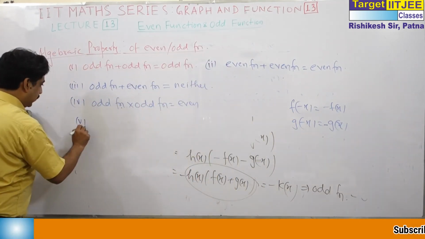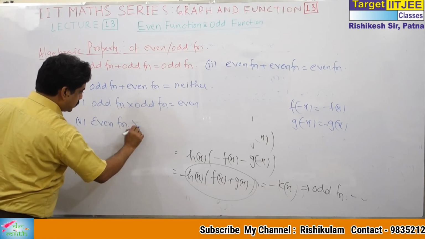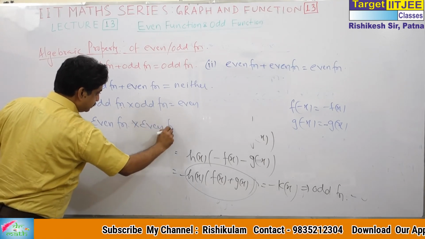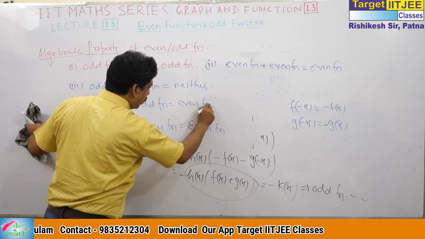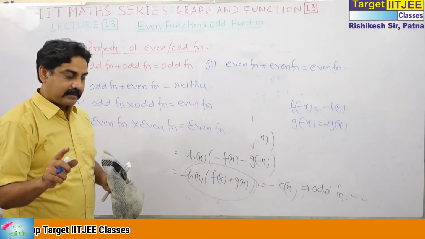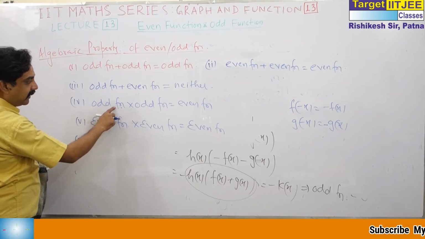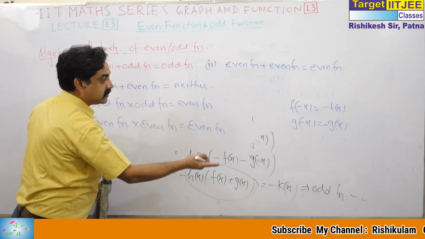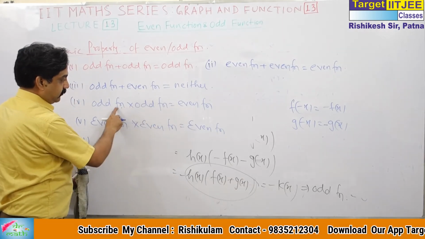Now, even function into even function is an even function. If you multiply odd functions odd times, you will get an odd function. If you multiply odd functions even times, you will get even.